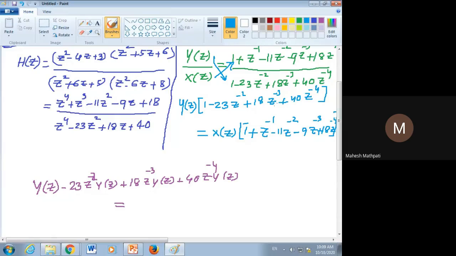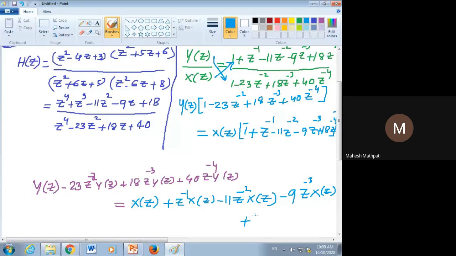now the input part we can write as x of z, plus z inverse into x of z, minus 11 z power minus 2 into x of z, minus 9 z power minus 3 into x of z, then plus 18 z to the power minus 4 into x of z.